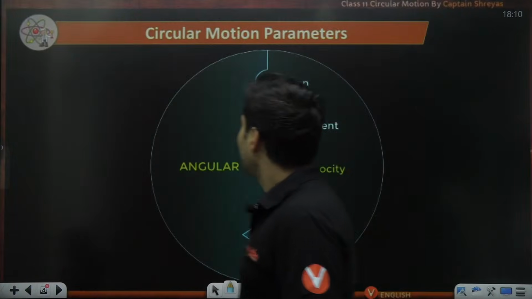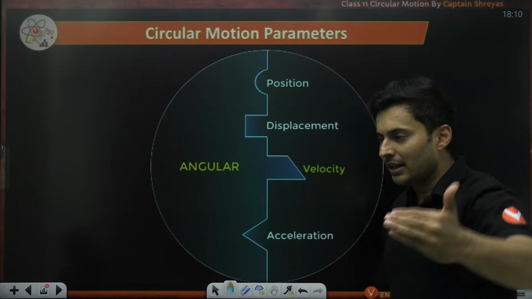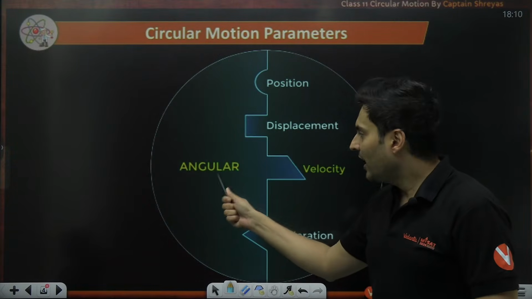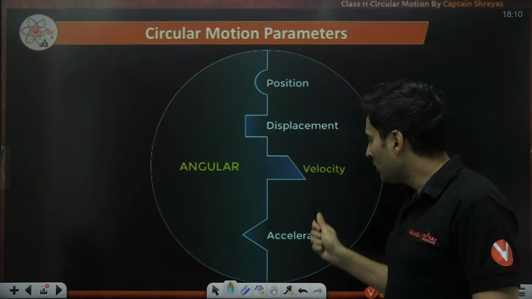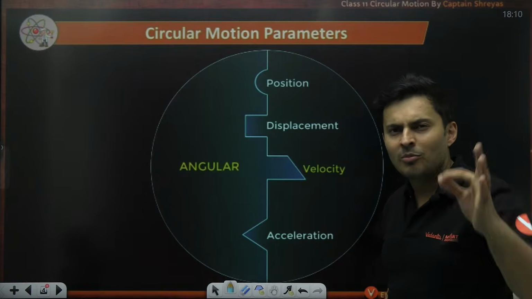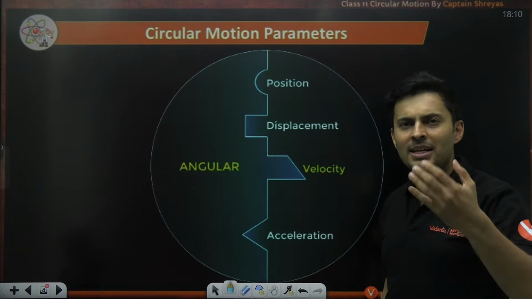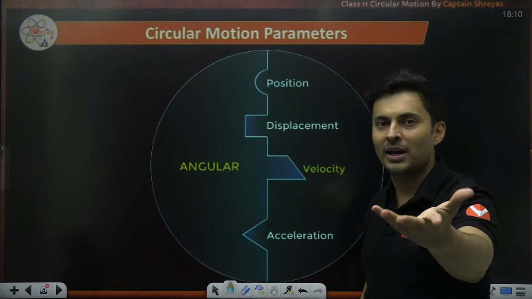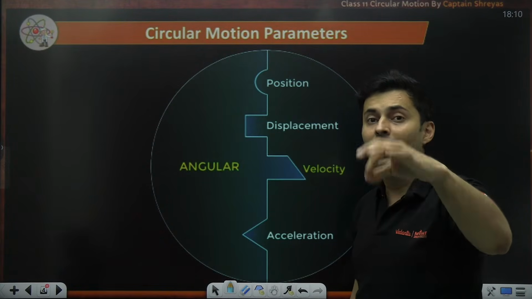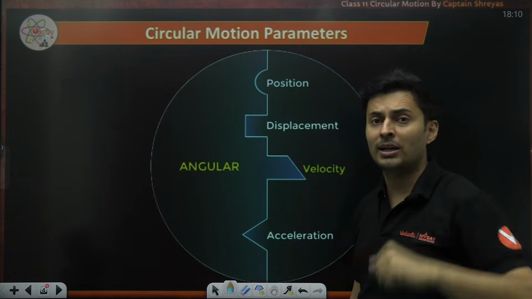Okay. So in the introduction part, we are going to discuss position, displacement, velocity, and acceleration. The moment I say these terms, many kids tell me, "Sir, I already know what is position." Position means where you are, and position vector is r bar. It tells me the coordinates of a particle.